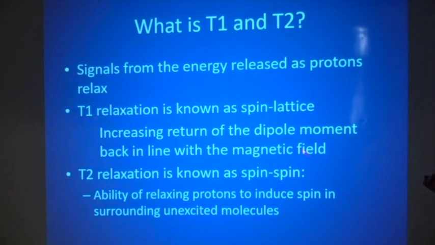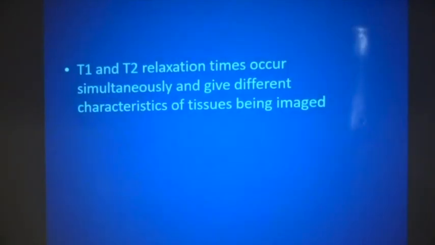It is the increasing return of the dipole moment back in line with the magnetic field. T2 relaxation is known as spin-spin, and it's the ability of the relaxing protons to induce spin in surrounding unexcited molecules. Now, this doesn't make any sense until I show this to you. So let me show this to you right now.